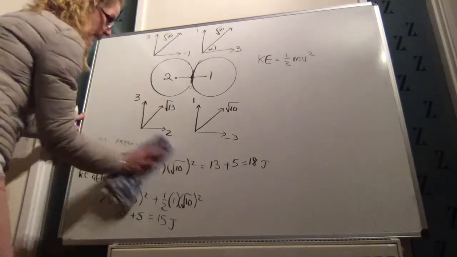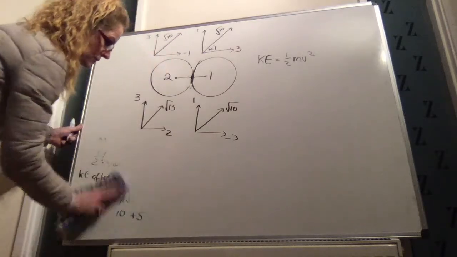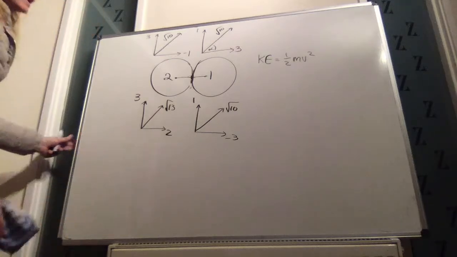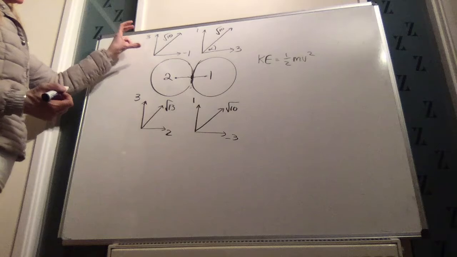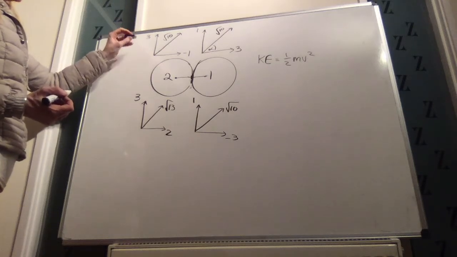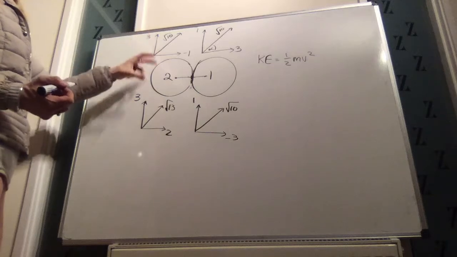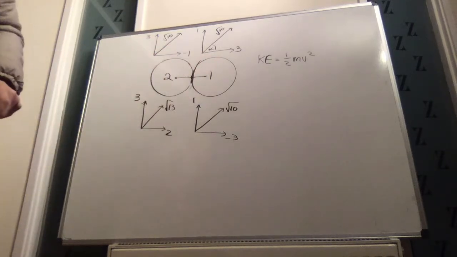Okay. The next bit refers to the impulse. Now remember what we said before. The impulse is the loss in momentum, and it's just an impulse to one sphere and an impulse to another sphere.